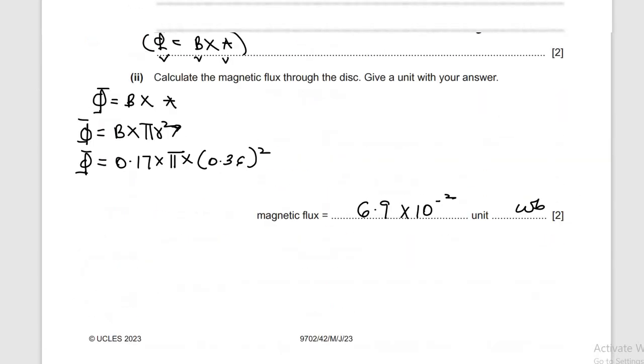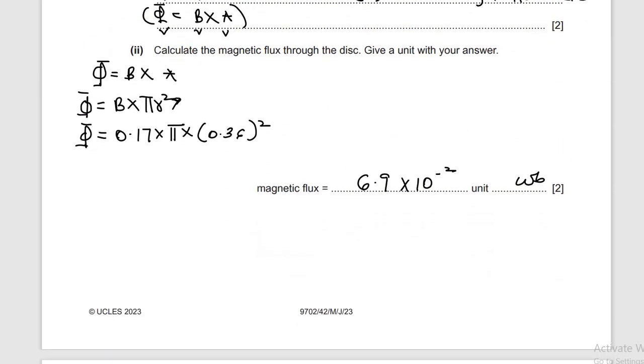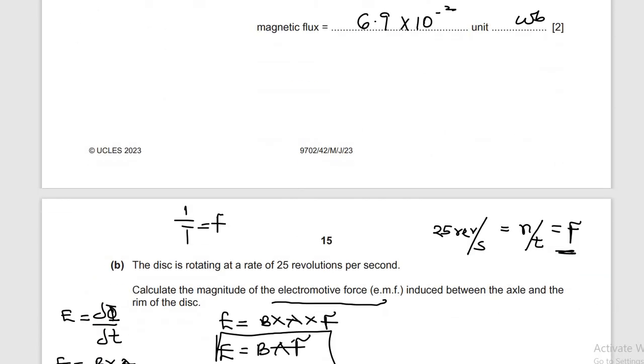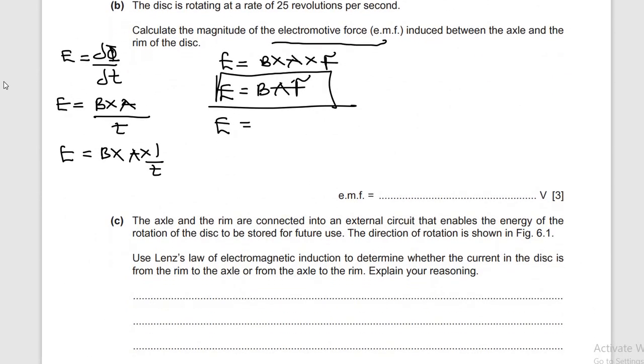Already we have our magnetic flux, B times area, 6.9 times 10 to the minus 2, multiplied by frequency, which is 25. When you multiply it together, you have 1.7. Simple. That's it.